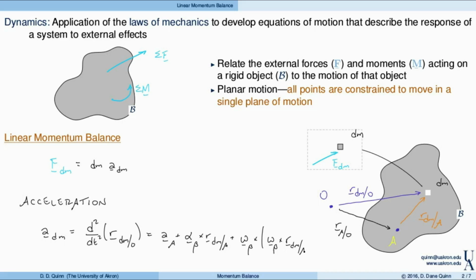This was our result from planar kinematics for the acceleration of any 2 points fixed in an object. And of course, we're choosing A to be fixed in the object, and the mass element is also fixed in the object because the object is rigid.